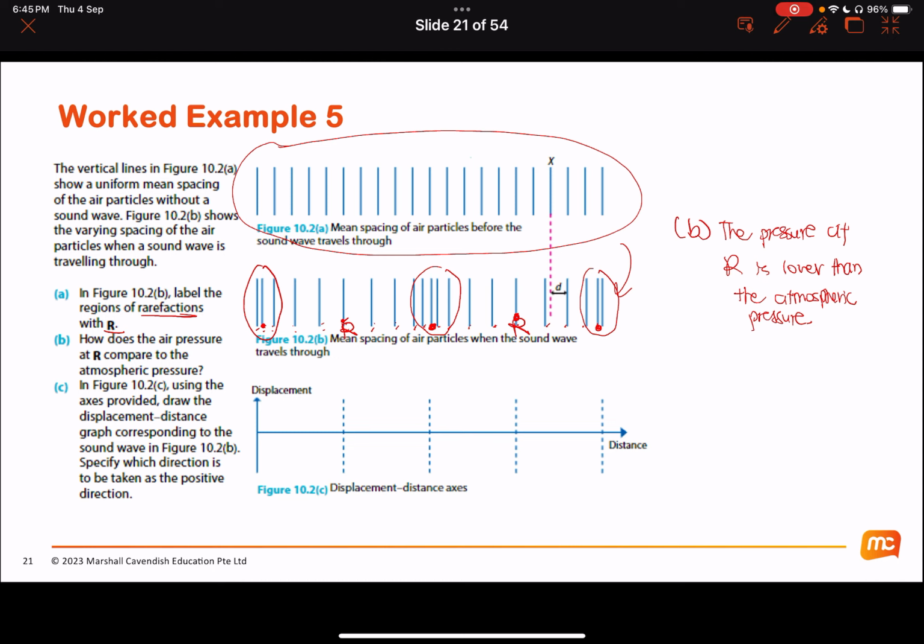Okay, then part C. In the figure below, use the axis provided to draw the displacement-distance graph corresponding to the sound wave. Remember, just now we said the rarefactions and compressions, the particles will all be at their equilibrium position.